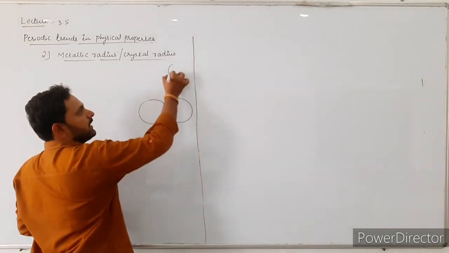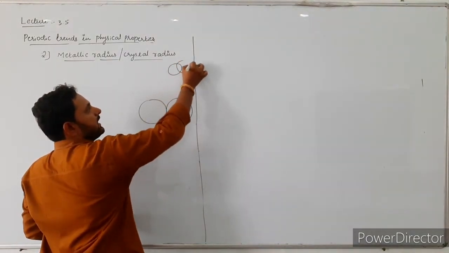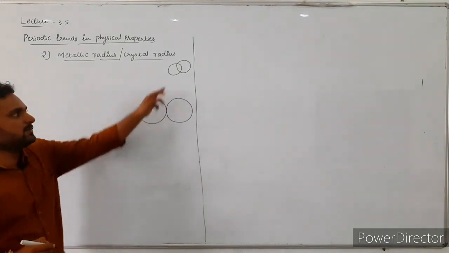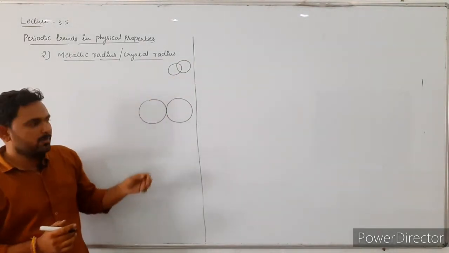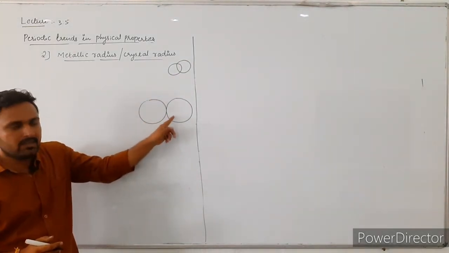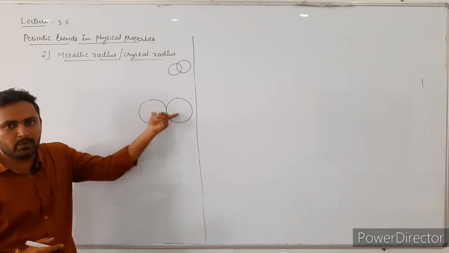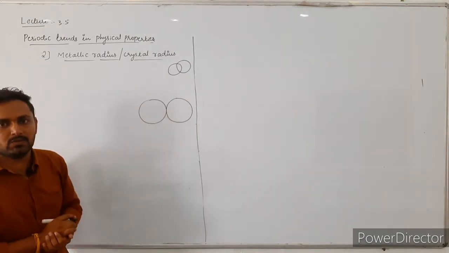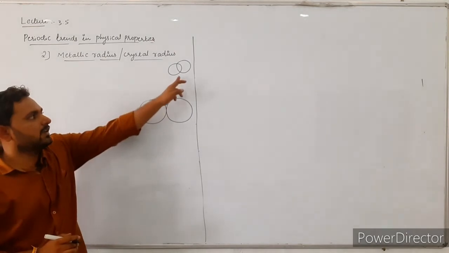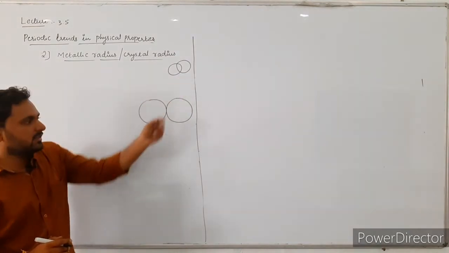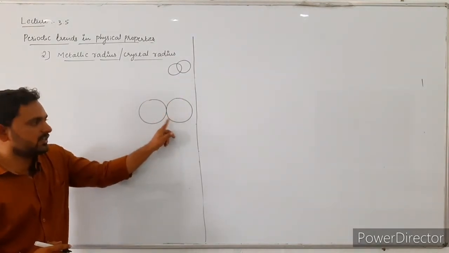In covalent bonded atoms, the atoms are overlapped and more close to each other. Here the atoms just touch each other.